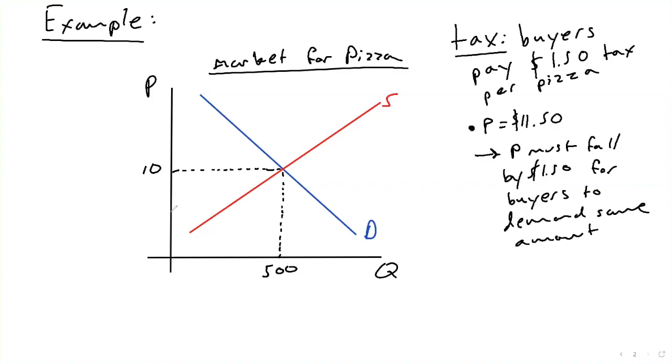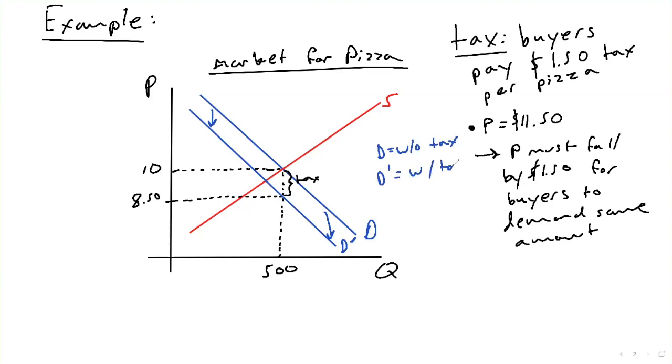And so what that means is that demand is going to fall by the amount of the tax. Call this D prime. So every point drops down like this by $1.50. And this distance here is the amount of our tax. And let's be clear here, D is the demand without tax and D prime is with tax.